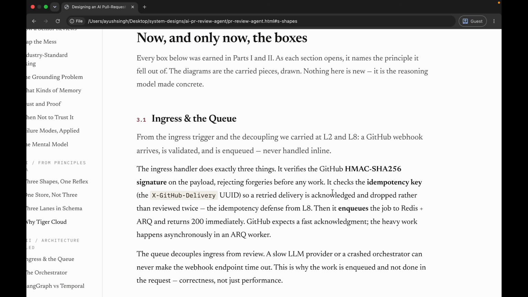This is done in Redis with ARQ. Now, I don't want to take a session right now on why we are using Redis and why we are doing this. But basically, Redis is where we'll store all the jobs, like a scratch pad, where every time a PR is made, it will get stored in Redis plus ARQ, where ARQ stands for something like automatic repeat request.